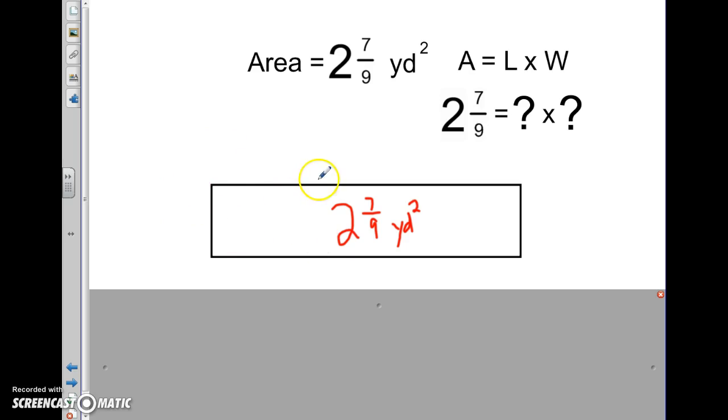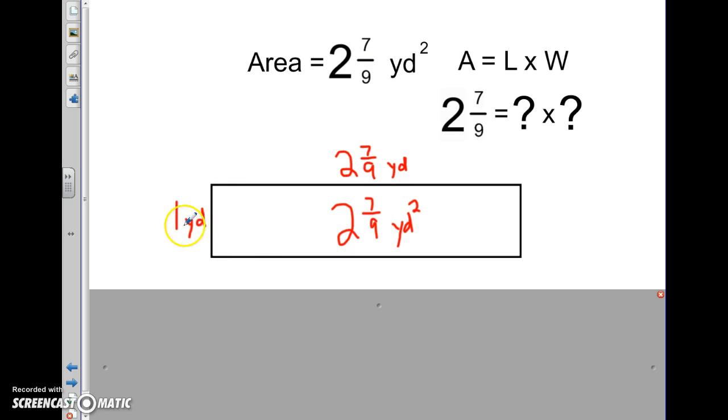So that means that I know that 2 7/9 times 1 would be 2 7/9. So that could be 2 7/9 long times 1 yard wide.